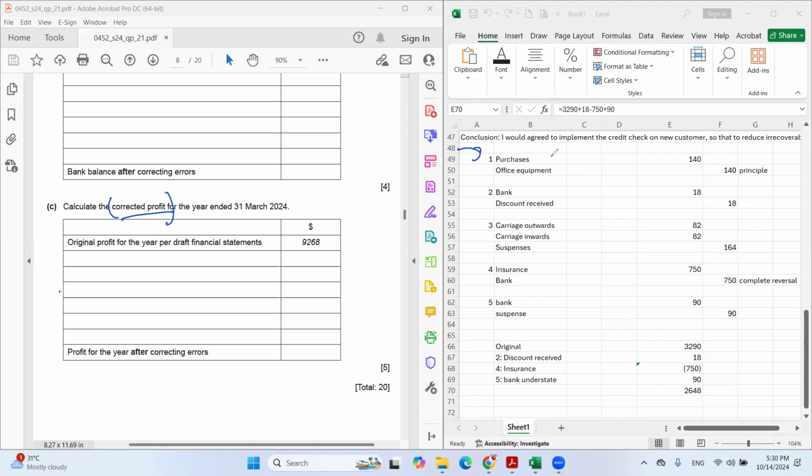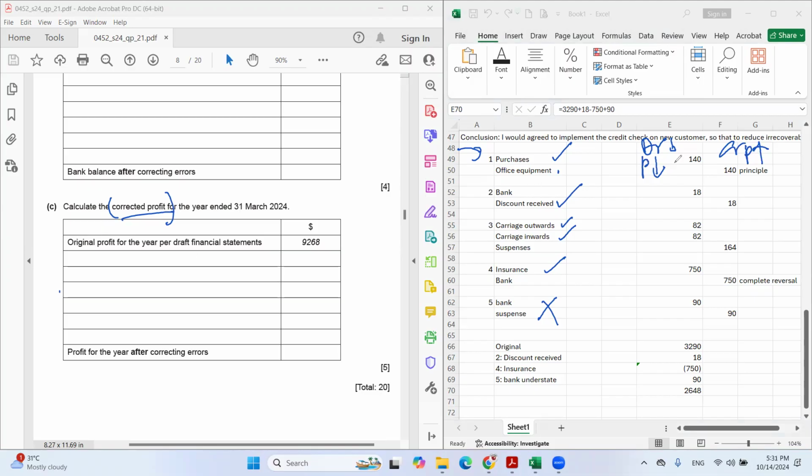Focus on those income statement accounts, for example purchases, discount received, carriage inward, carriage outward, insurance. If the adjustment is on the debit side of the income statement, then your profit will reduce. If your adjustment is on the credit side, profit will increase. So that is how we tackle the question.